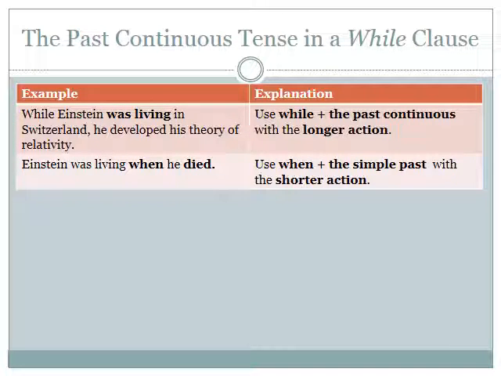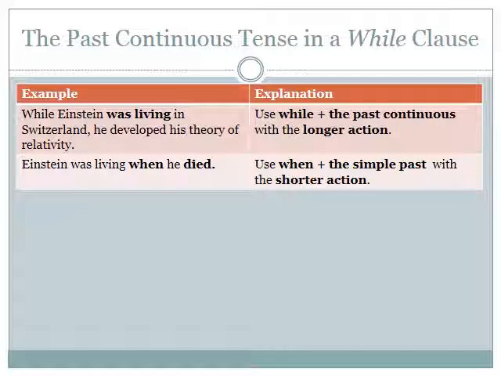All right, and then the other usage that we're going to talk about today is with the while clause. Now, the while and the when clause are different. While is used for a long-term action. When is used for the short-term action. So while Einstein was living in Switzerland, that's the long-term action.